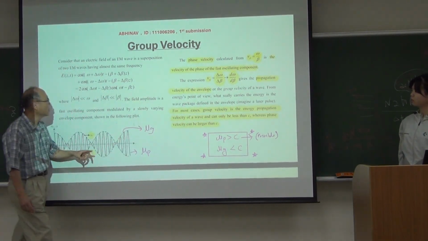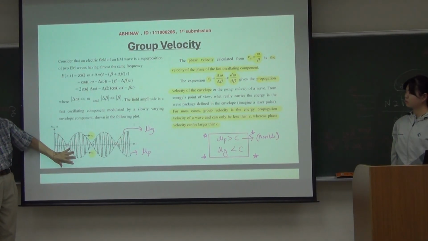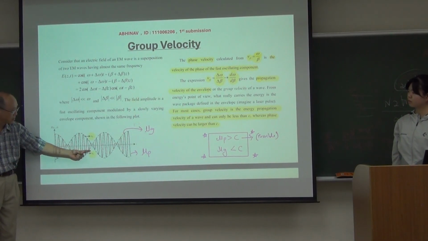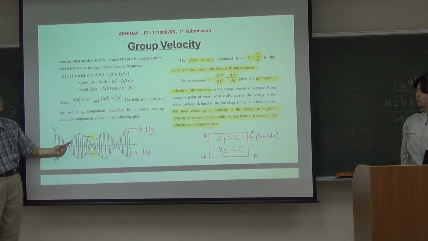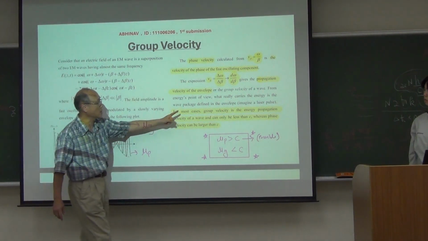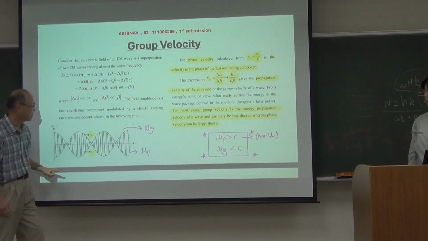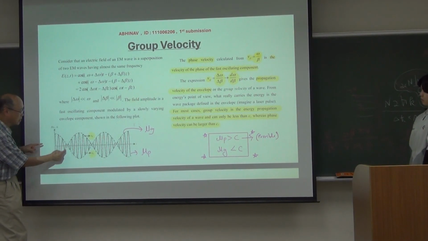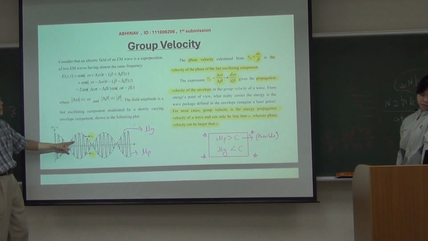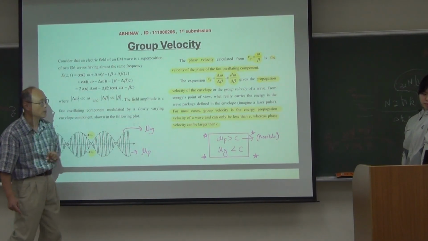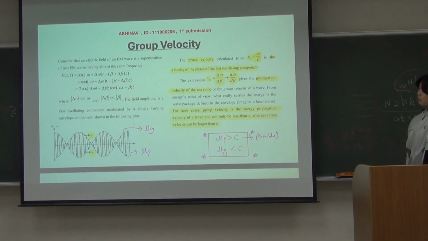Because from this construction and from this photo, you can really calculate the speed of this envelope given by this equation. And then the phase velocity of this individual oscillation is associated with this omega over b. So this is a very much simplified model, just trying to illustrate the concept.